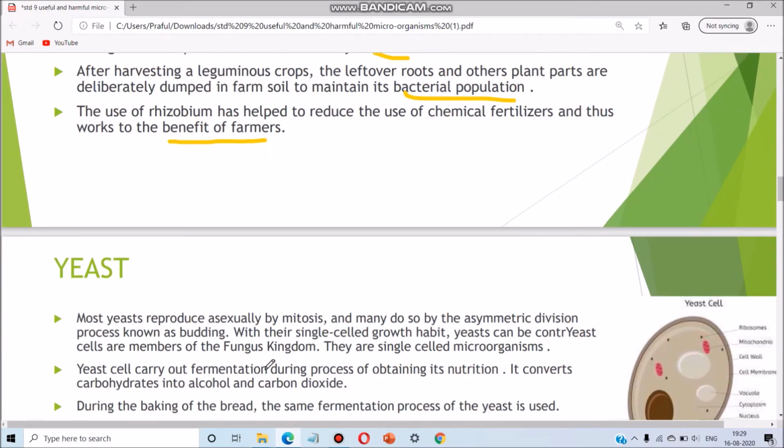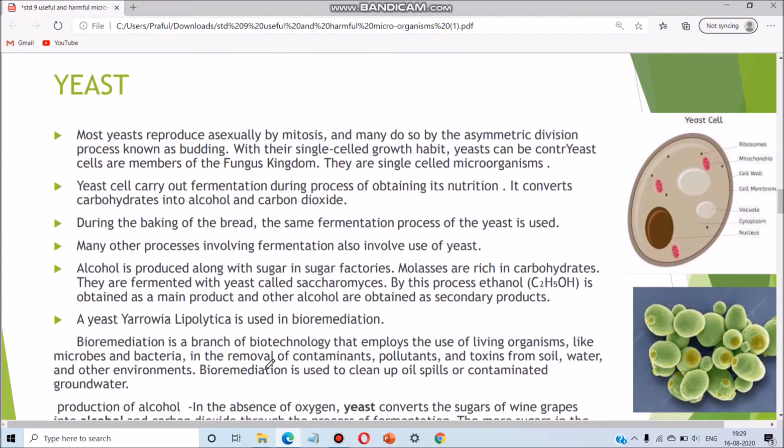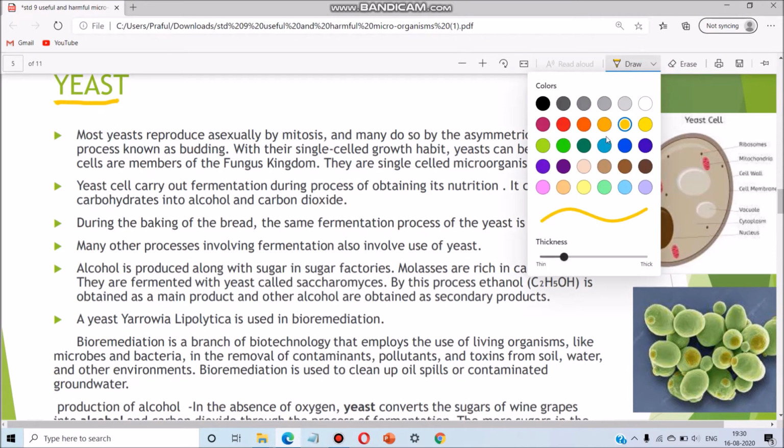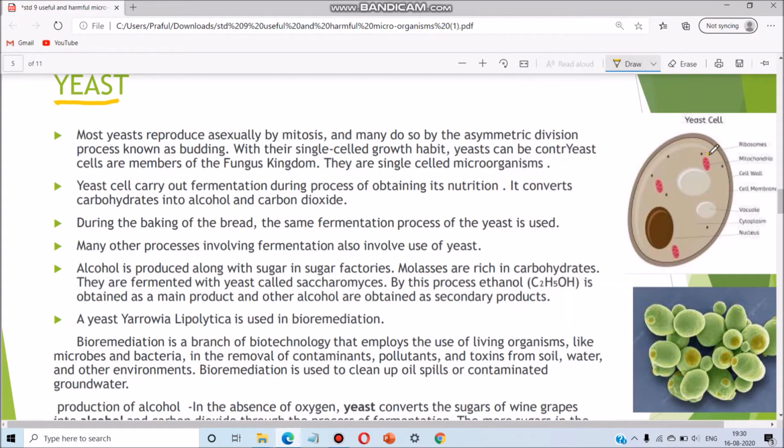Then the next example of a useful microbe is yeast. Most yeast reproduce asexually by mitosis, and many do so by an asymmetric division process known as budding. Yeast cells are members of the fungus kingdom.